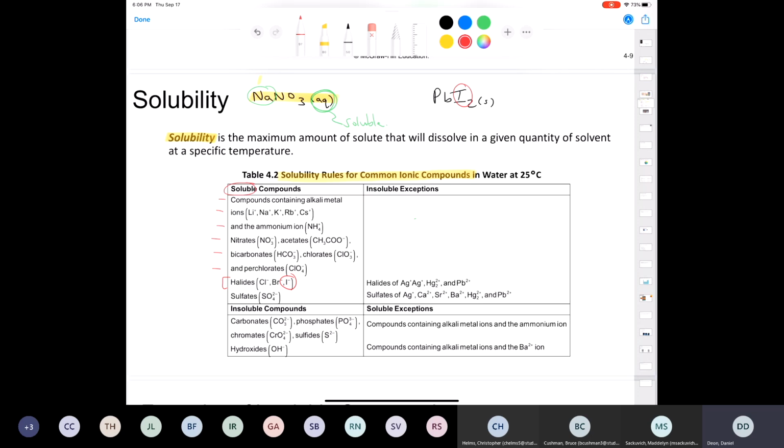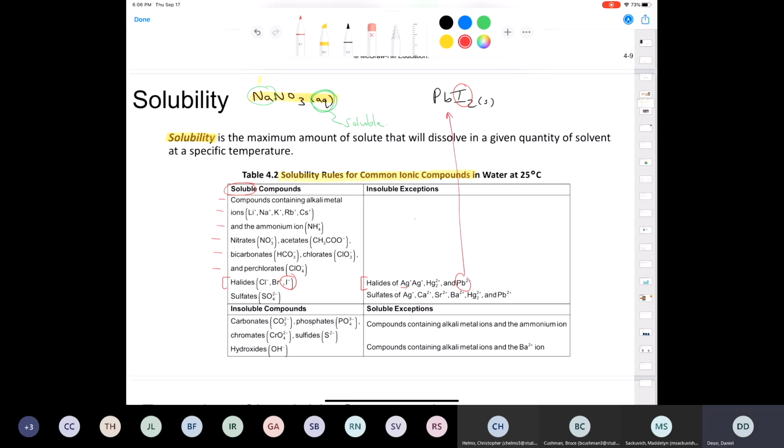But then I have to go over to the insoluble exceptions and look here. Halides of silver. Sorry, I'm not seeing double here. It says silver twice, but yeah. Halides of silver, mercury, or lead(II). Oh, look, this is lead(II) right here.